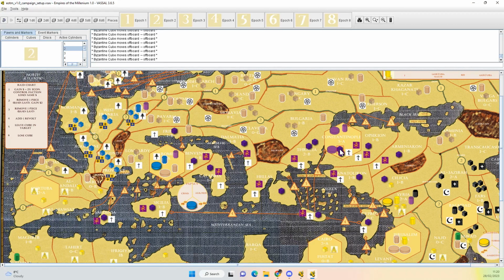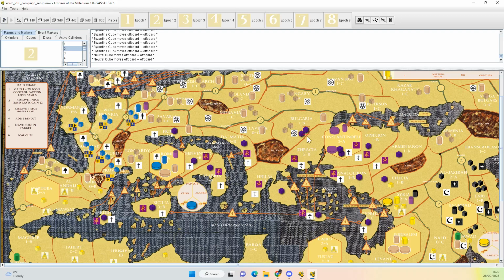The other impact the communications value has on the game is when you fight a military campaign there. Let's say the Byzantines have marched into Bulgaria and are going to campaign against the neutral Bulgarians there. Even if the Byzantines win, because the communications level is a B, if they roll a 5 or 6 on their combat dice, they're going to lose a piece even if they win.